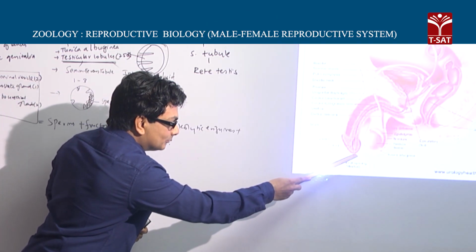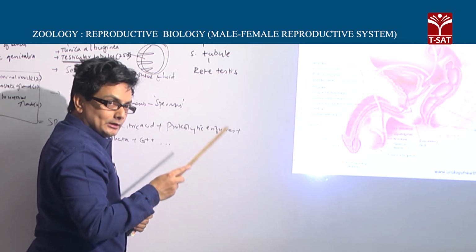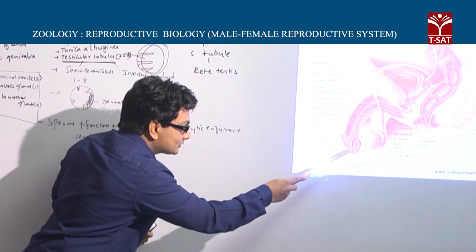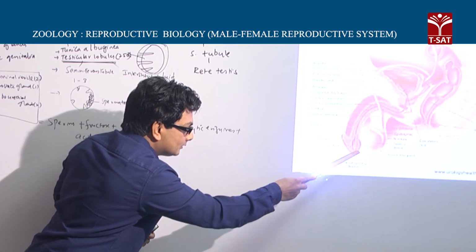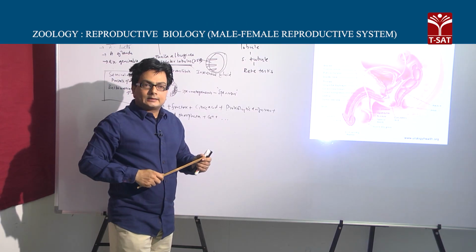And this is the urethral meatus through which the urine and semen are discharged out. And this sensitive conical part is called the glans penis.